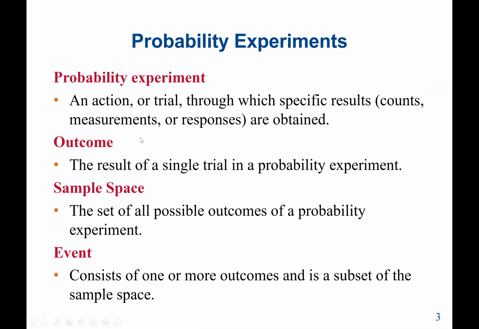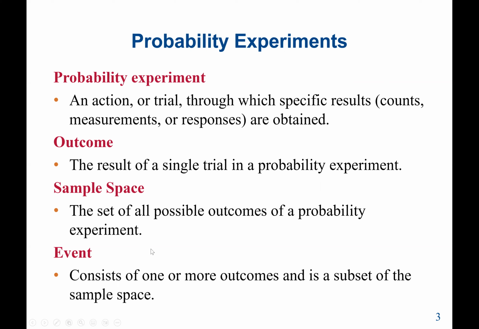The sample space for rolling a die is all the possible outcomes, from 1 to 6, and the sample space for tossing a coin is head and tail. It's only 2 possible outcomes.